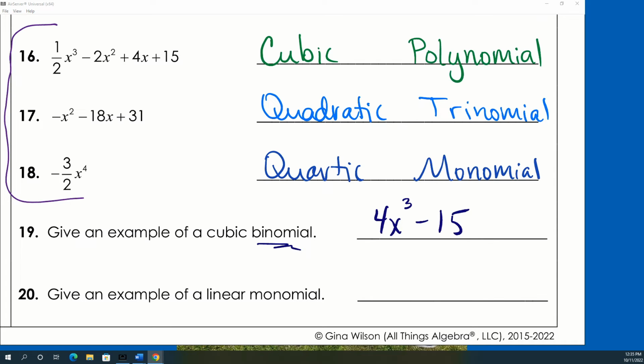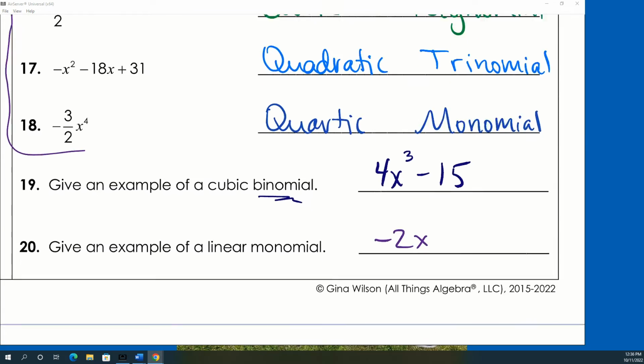There you go. That's a cubic binomial. All right, and then for 21, an example of a linear monomial. Anybody? There you go. All right, questions on labeling and classifying?